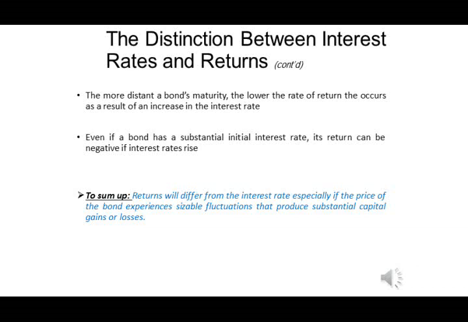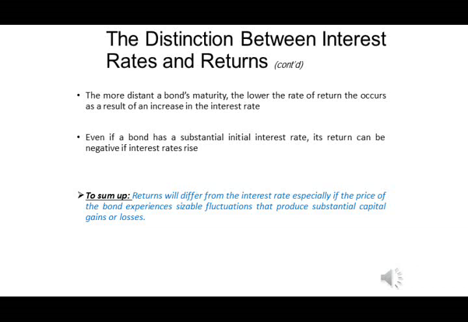Here I have three cases. If the holding period equals the time to maturity, the rate of return on the bond will equal the current yield or the yield to maturity. Why is that? Because there is no capital gain or loss.